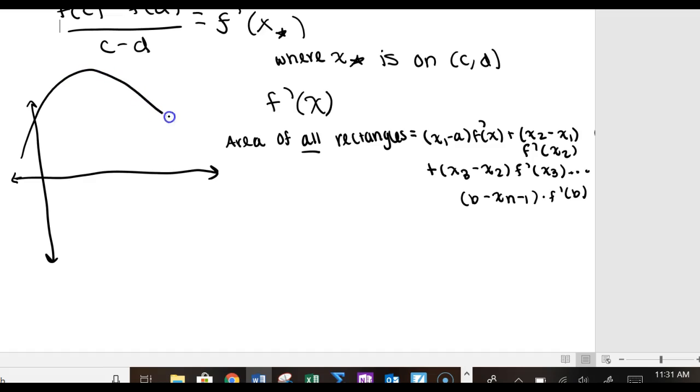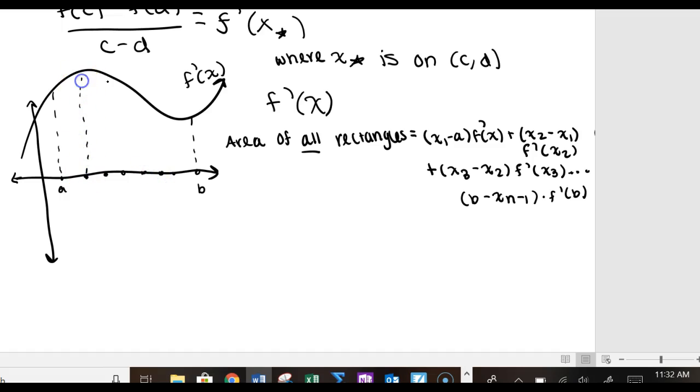This was our mean value theorem. One of the most beautiful proofs in all of math, just fantastic. This mean value theorem says the slope of a secant line must equal the slope of the tangent line at some point x, where x is between the endpoints of the secant line, right?